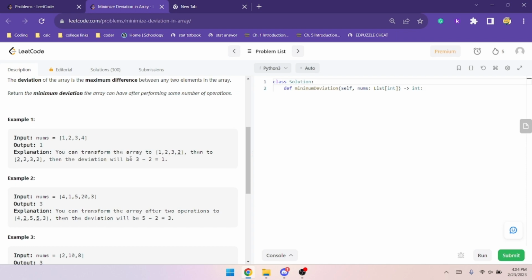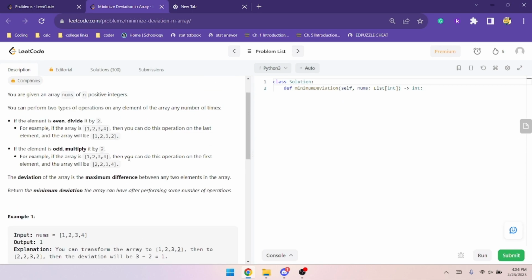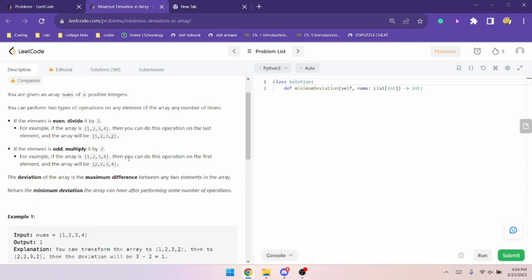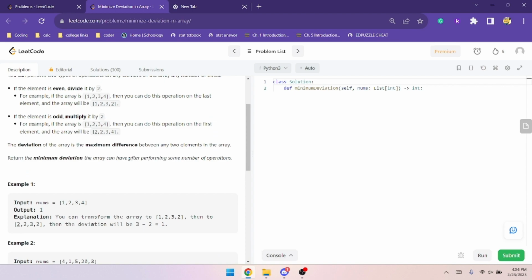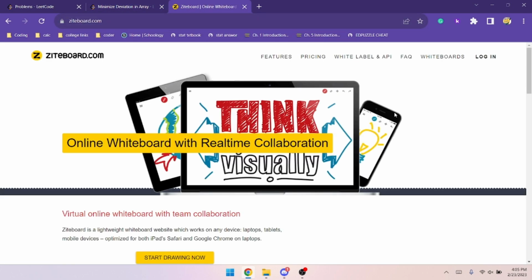But I think it's just a greedy solution. You perform whatever operation on the number will decrease the deviation, and then you keep doing that until you get the minimum deviation. We can try that on the practice case on the sideboard.